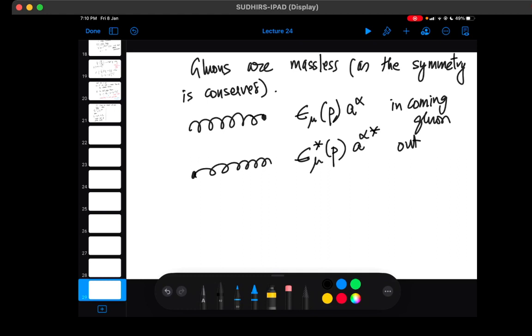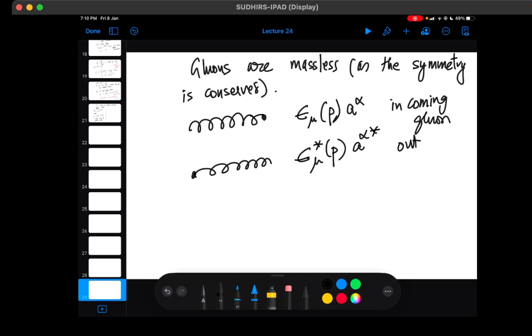Then the gluon propagator would have again the same sign. Then the Lorentz index mu. Then there is also the color index alpha and beta.